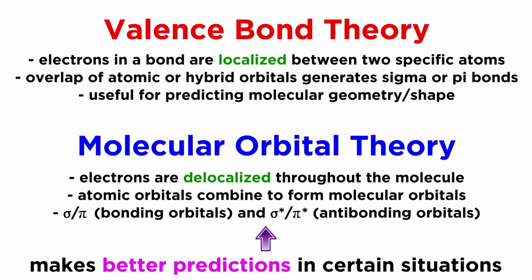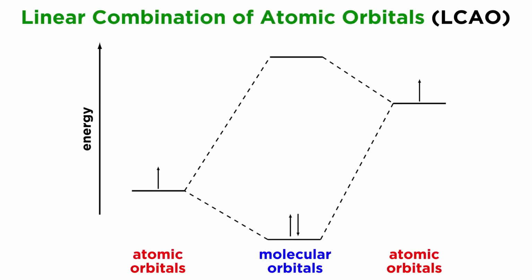This theory ends up being better equipped to predict the arrangement of electrons in a molecule in certain situations. This is due to a process called the linear combination of atomic orbitals. In the modern physics course, we talked a little bit about the wave function, and molecular orbitals are combinations of atomic orbital wave functions.